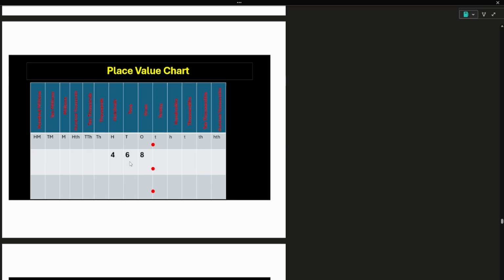And this is the digit that we will be rounding up or down depending on the value of the digit on the right.